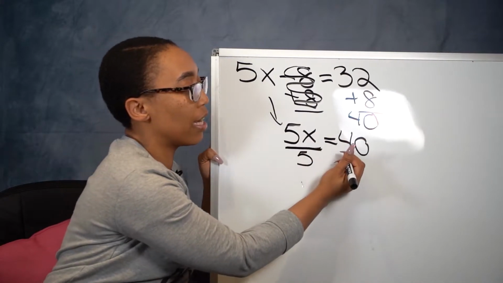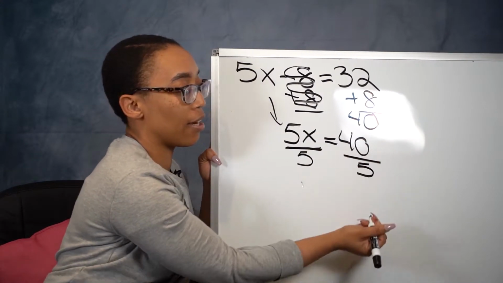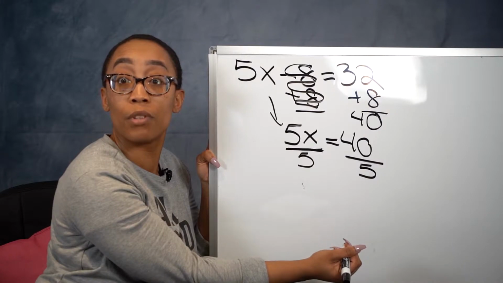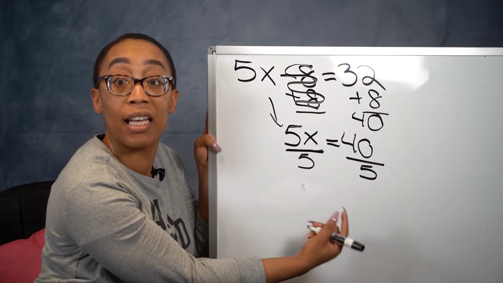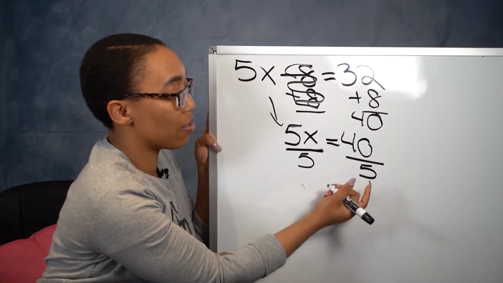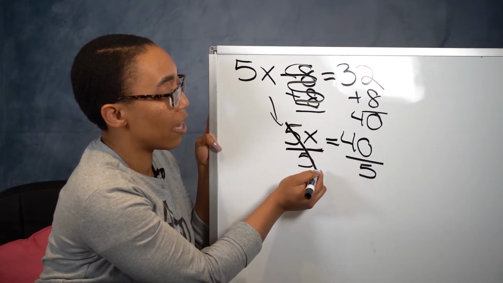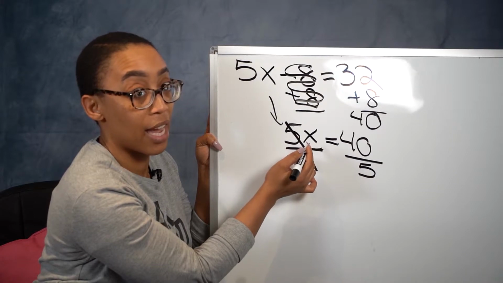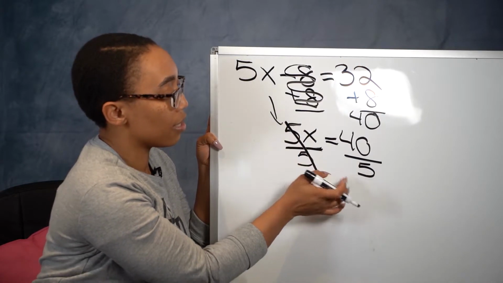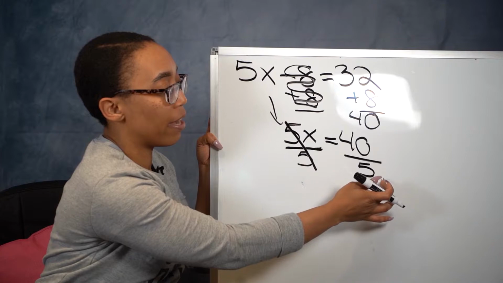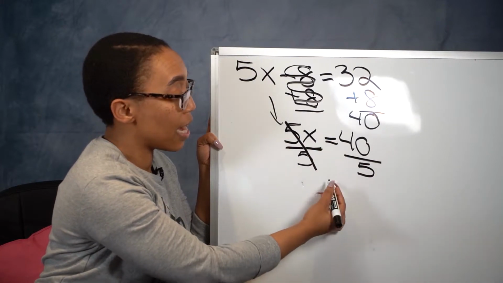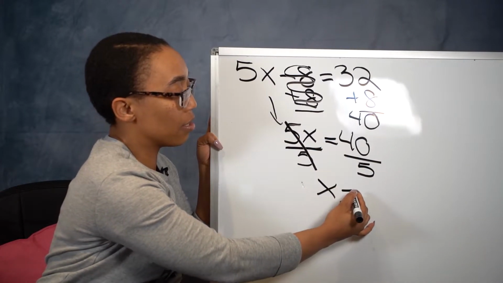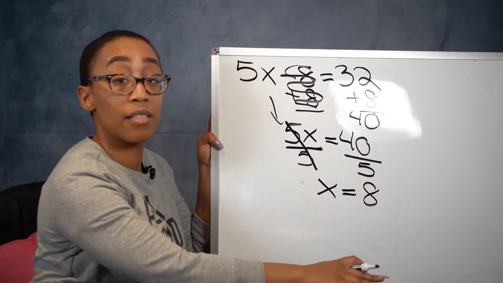What you do on one side, you do on the other side. So this 5 and this 5 cancel out. It only cancels out the 5s. It does not cancel out the x. Then we have 40 divided by 5, and that is 8. So x equals 8.